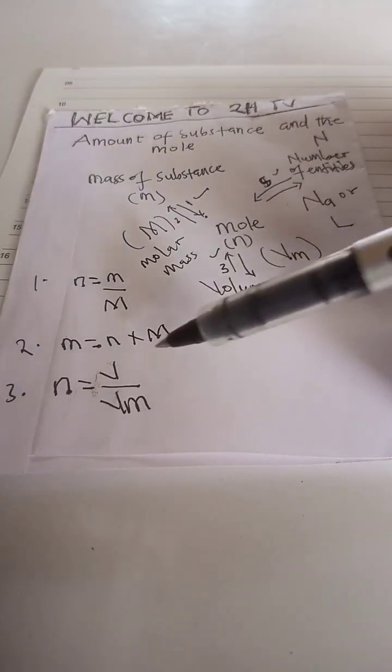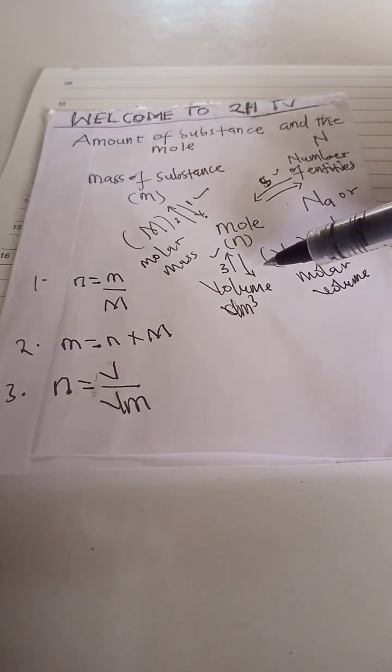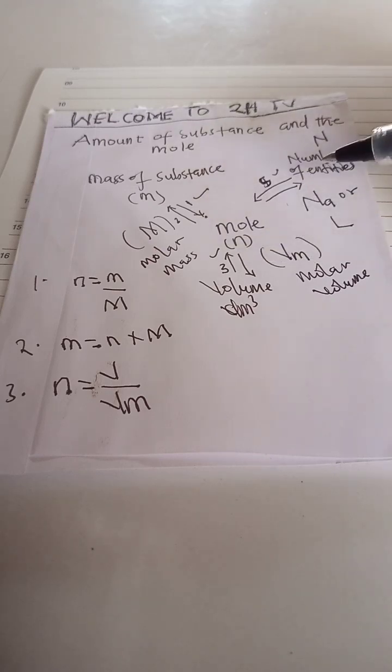Knowing this, you can find the fourth, whereby you'll be tasked to find the volume when they give you the mole and the molar volume. So you just make volume the subject. So volume will be equal to mole times molar volume.